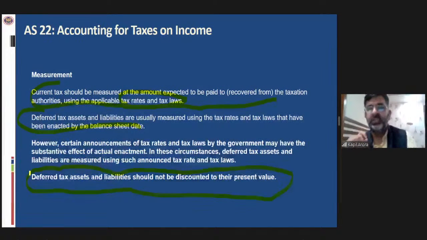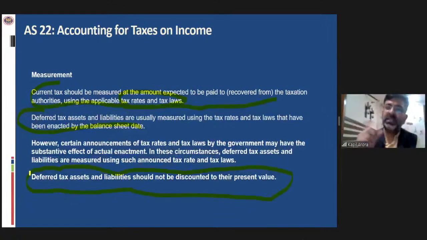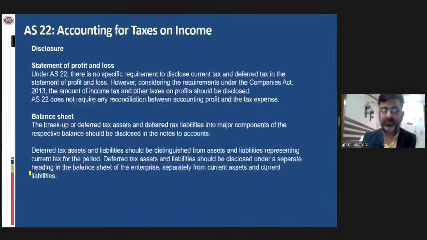It will never be considered a current liability, and we are not required to bring it to present value. Why not? The only reason is that this is just an accounting adjustment. Nothing is to be paid, nothing is to be received. It is just an accounting implication which we show in our books. So it doesn't matter when it has to be paid or recovered.